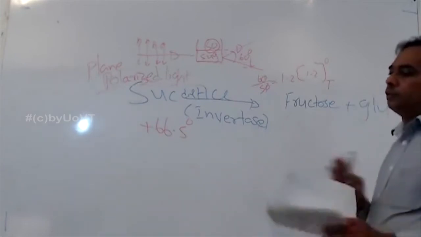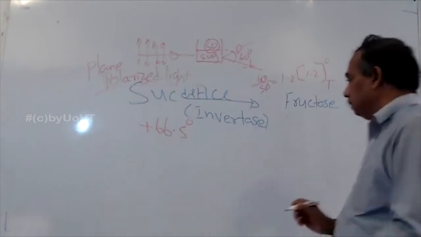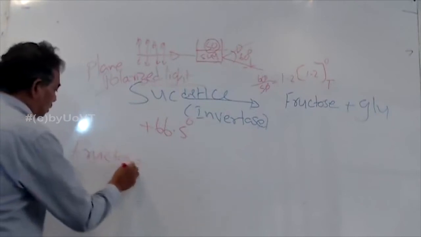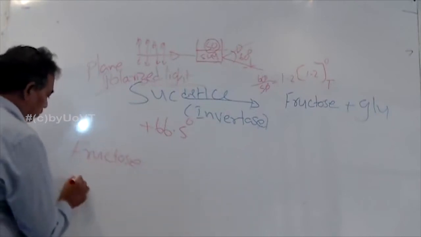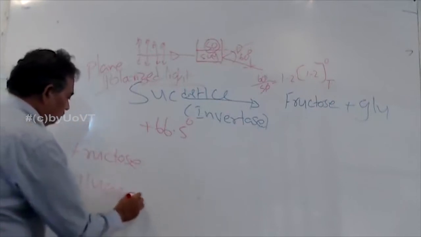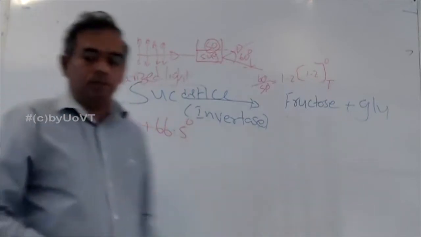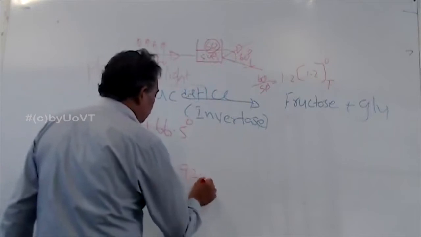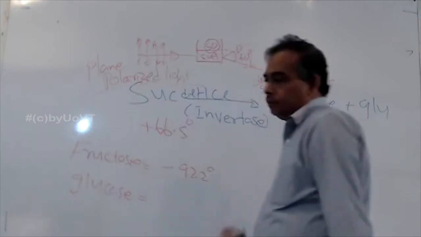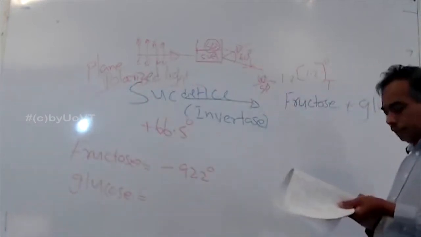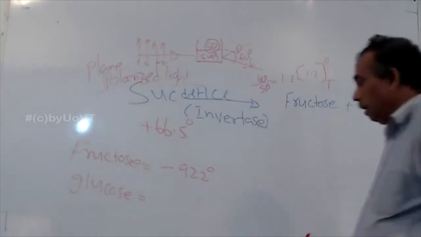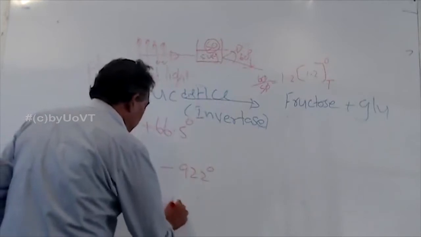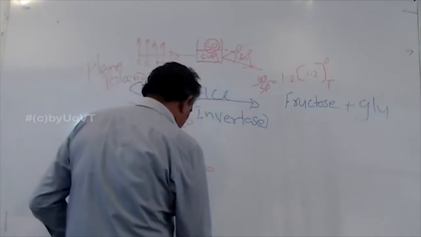So if we take pure fructose and glucose: the pure form of fructose has a specific rotation of minus 92.2 degrees at room temperature, and the pure form of glucose is plus 52.7.